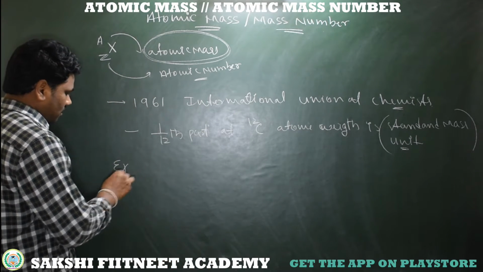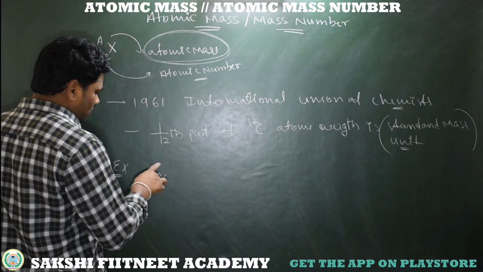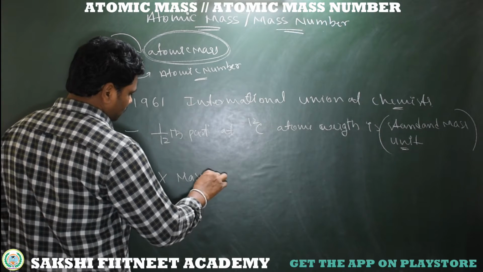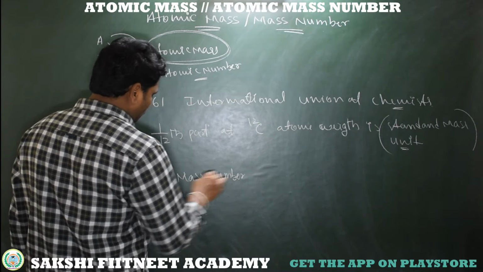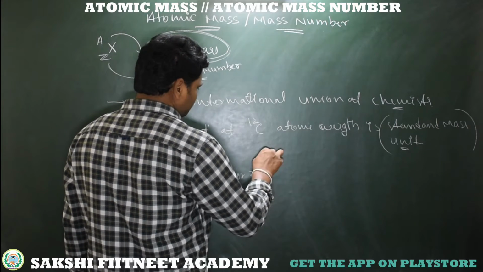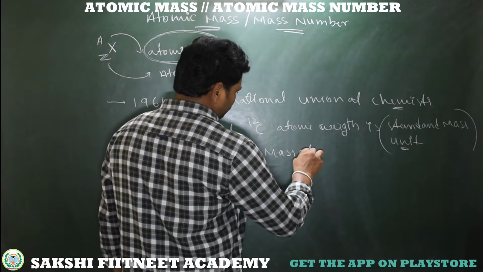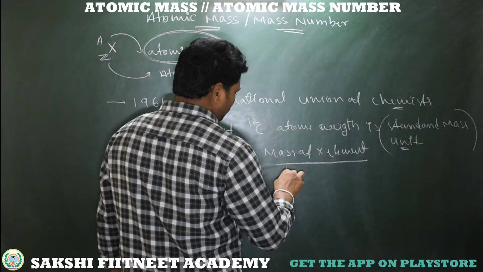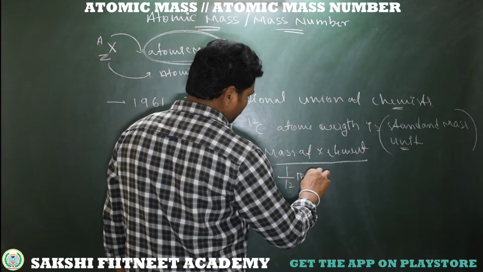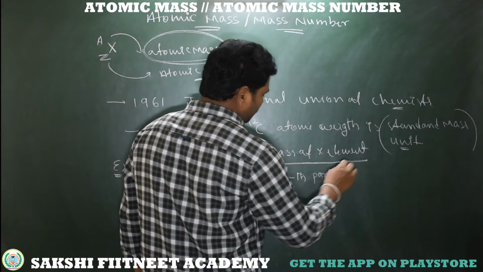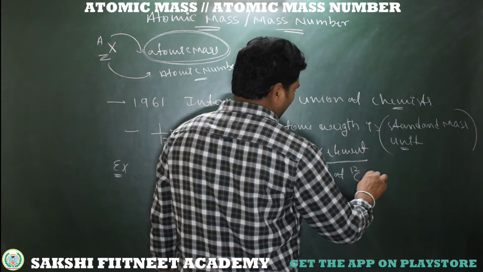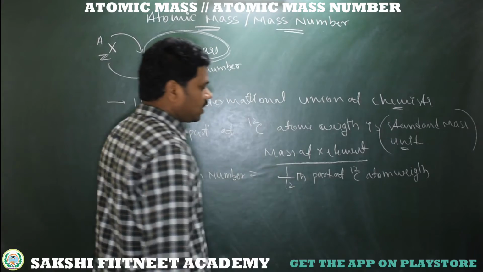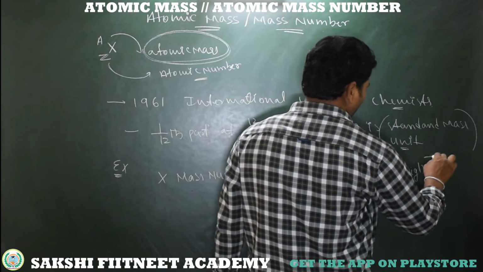Example, I am taking here an X element. So what is the mass number of this X element? Mass number of this X element is equal to the mass of X element divided by 1 by 12th part of the C12 atom weight, then we are getting a particular value.